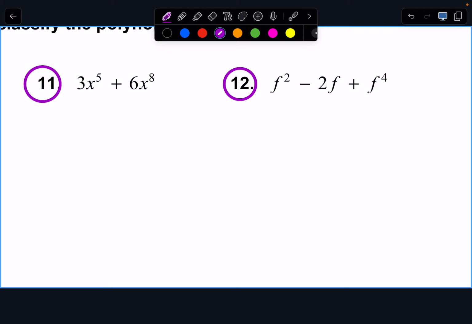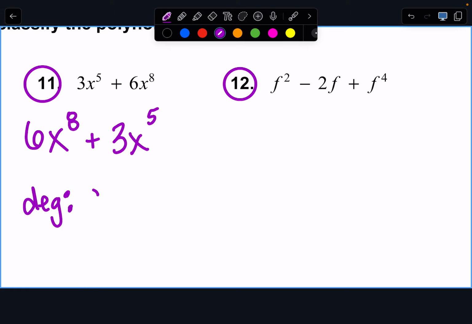Okay, as I'm looking over the shoulder of a random student, I see that in number 11, this random student has 6x to the 8th plus 3x to the 5th. Do you agree with that being in standard form? Yes. Okay, we have a degree of 8, and there's only 2 terms, so it's a binomial.